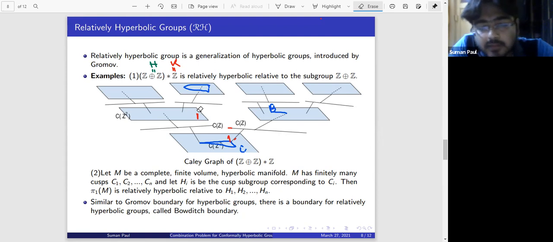Now if I take any 3 points in this space, the triangles will be uniformly delta slim.